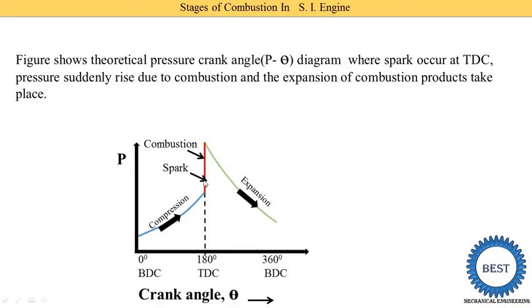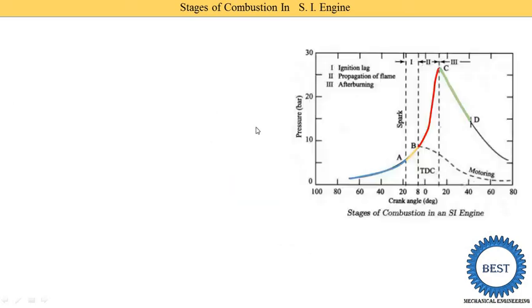Due to the spark, the pressure suddenly rises due to the combustion, and after this combustion the expansion starts. The combustion products, or gases, start to expand and the piston moves from TDC to BDC. We take this type of graph when the spark occurs at the TDC.